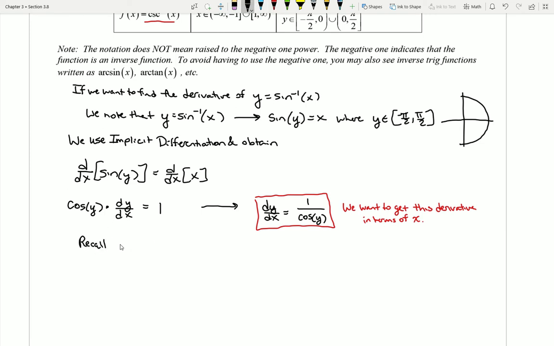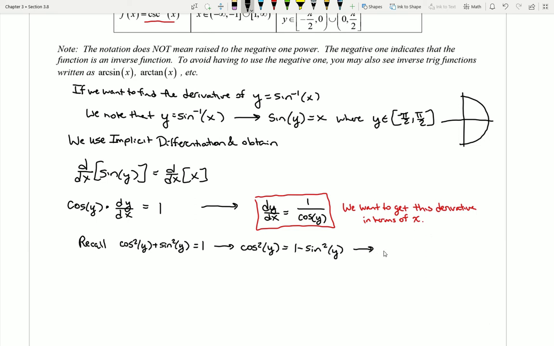So quickly recall that the cosine squared of an angle plus the sine squared of an angle we know should equal 1. Remember, this is our most common and popular trig identity, and it ends up being really useful here because I could easily solve this for the cosine. Notice that this tells me that the cosine squared of y is equal to 1 minus the sine squared of y.